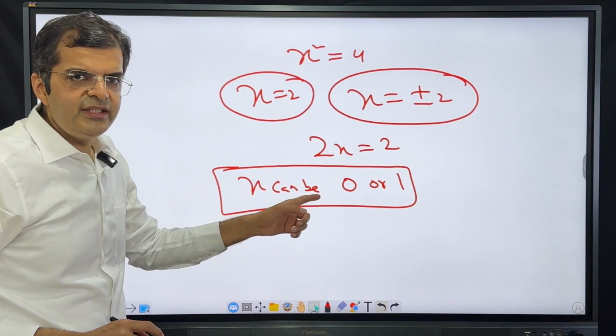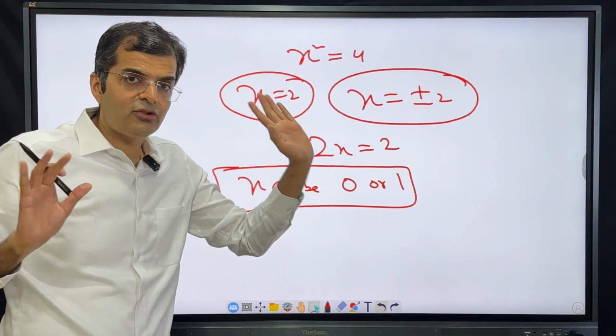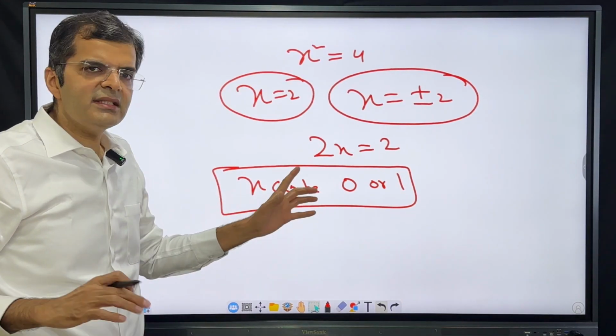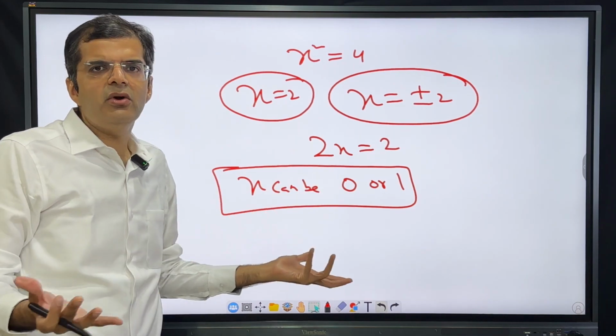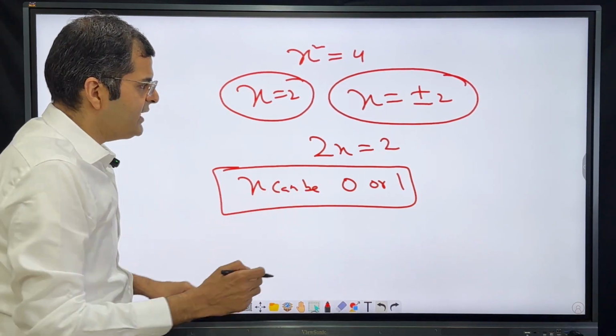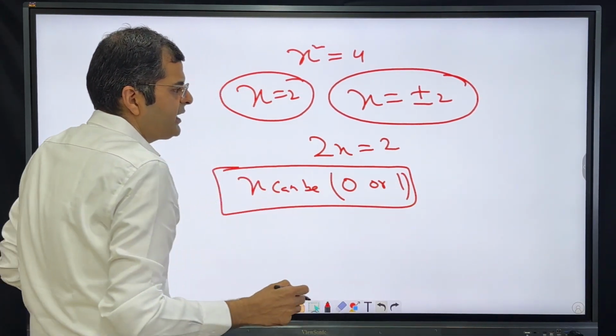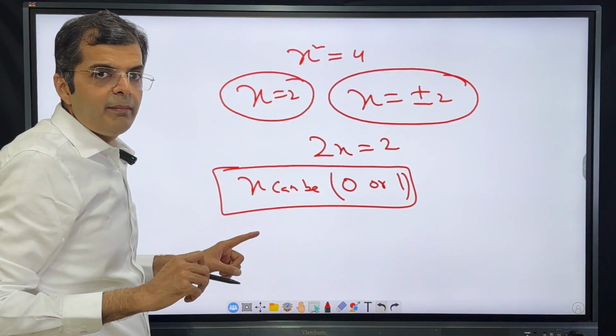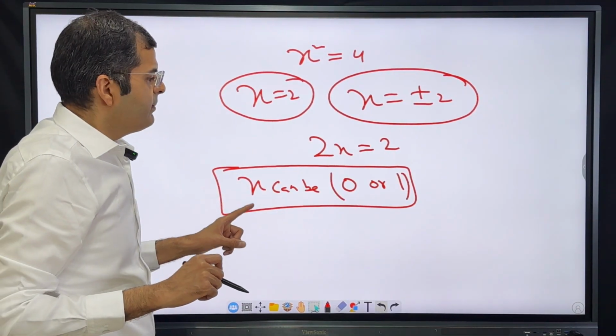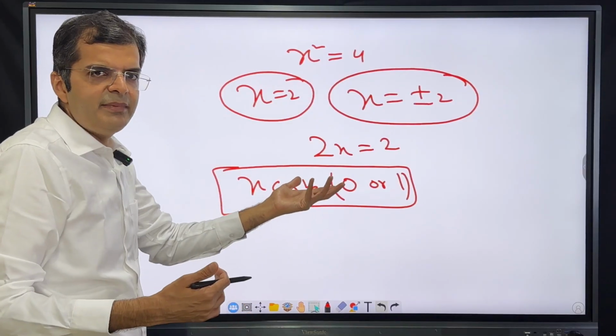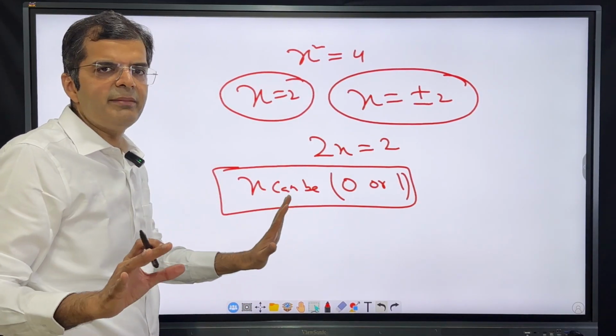Is this a necessary condition? No, because necessarily x has to be 1. But it is a sufficient condition. Yeah, x can be 0 or 1. So this can be a sufficient condition here, but not necessary.